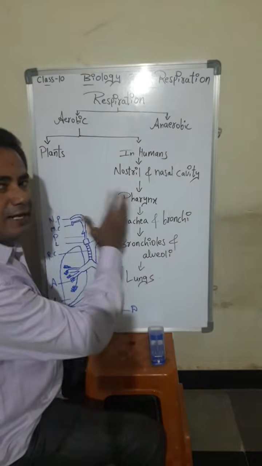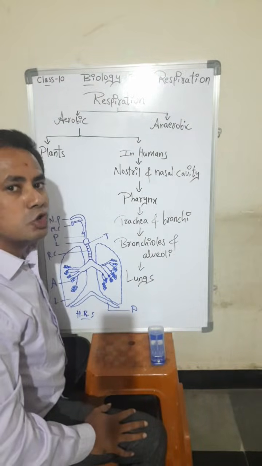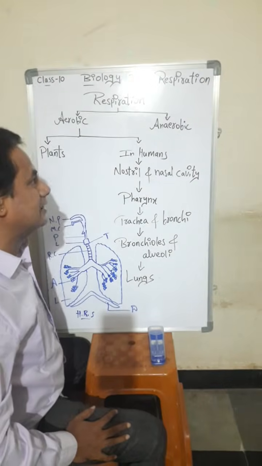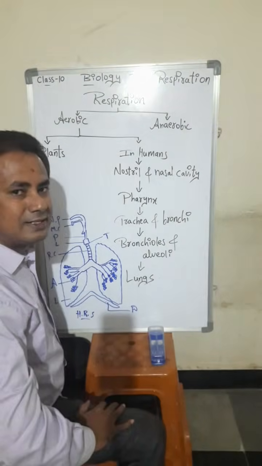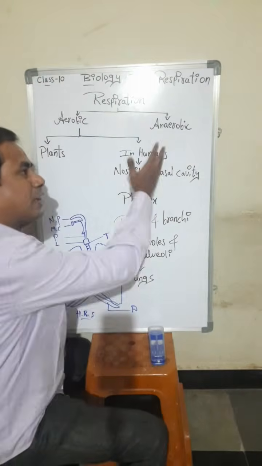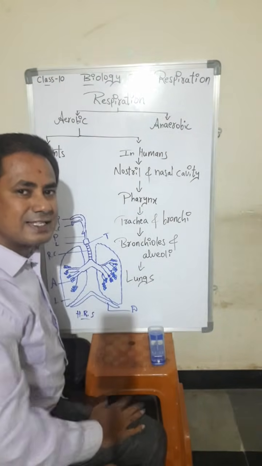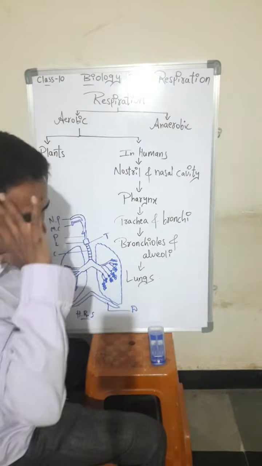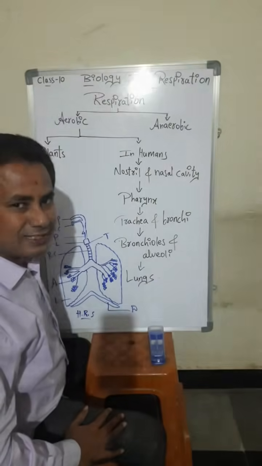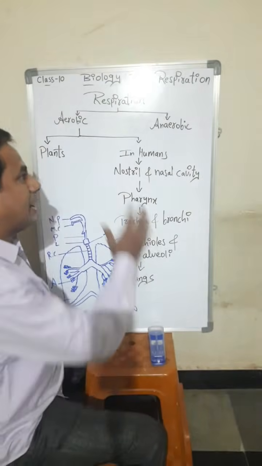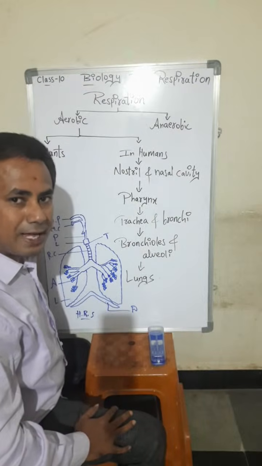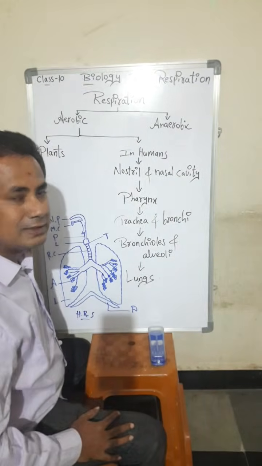The organisms which do not use oxygen for breakdown of food or glucose inside the cell, that is known as anaerobic respiration. In anaerobic respiration, we have seen in the last class yeast is an example, in the absence of oxygen, and also in our muscle cells anaerobic respiration happens. Sometimes lactic acid is released.